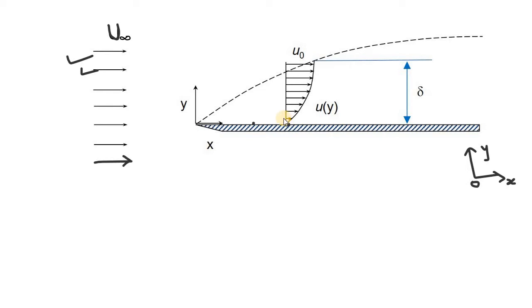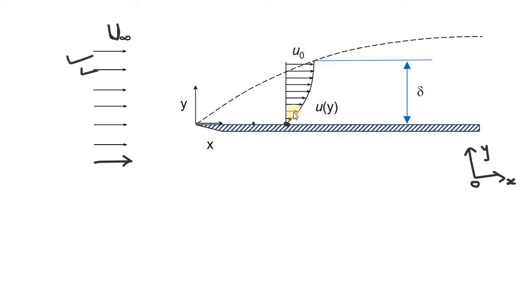So whatever retardation it is feeling is due to the retardation caused in the immediate layer which is in contact with the surface of the plate. The surface of the plate is at relatively zero velocity. The upper layer to this layer is having some velocity. Similarly, when you move in the vertical direction, the next layer will have slightly higher velocity than the layer which was the immediate layer to the contact layer.